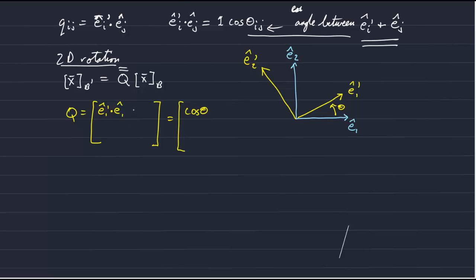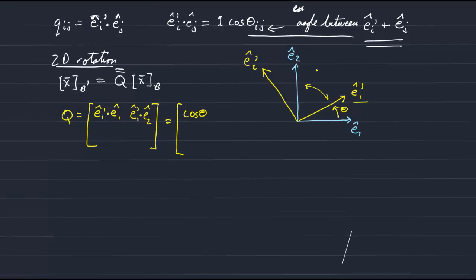And then the 1,2 component is equal to the cosine between e-hat-1 prime and e-hat-2. And this angle is pi over 2 minus theta.